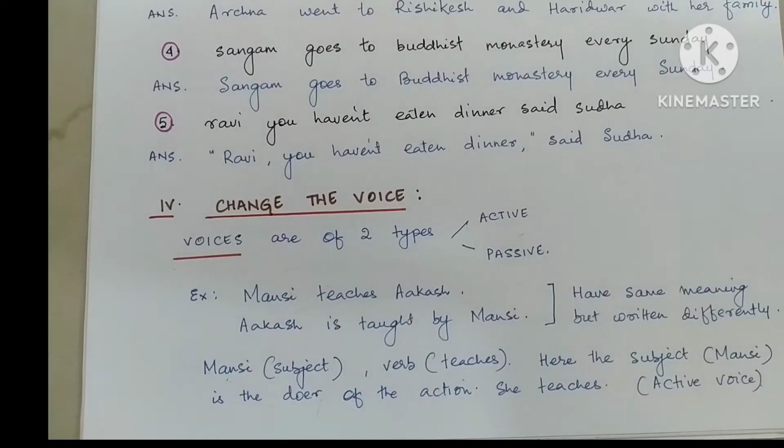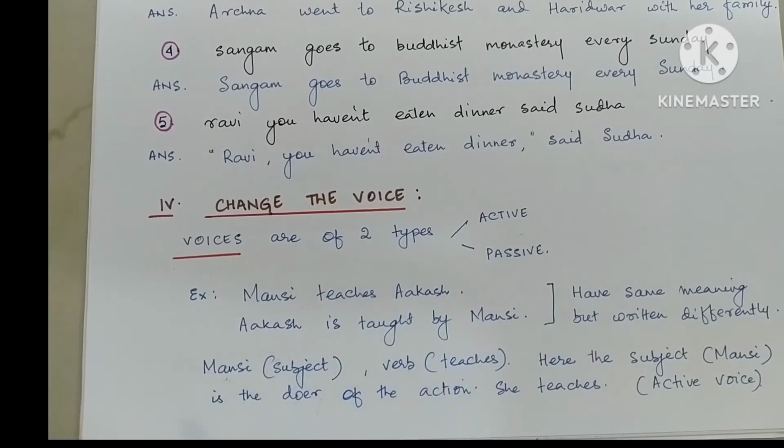In the first sentence, Mansi is the subject, the verb is teaches, and whom is Mansi teaching? Mansi is teaching Akash. So Mansi, the subject, and the verb teaches is the doer of the action. She teaches Akash. Here the subject Mansi is in active voice.